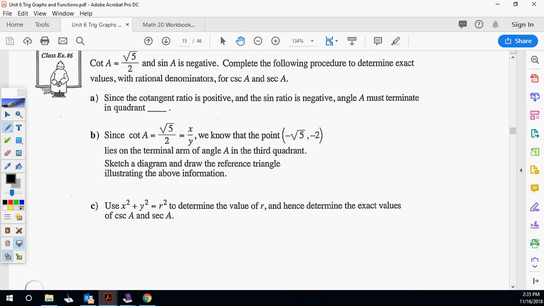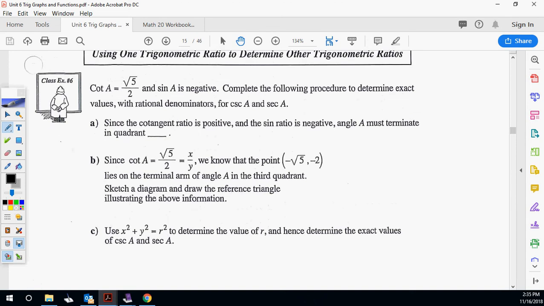So cotangent is positive. So where is tangent positive? In 3 and 1, right? But then it says that sine's negative, so it can't be 1. So it's in 3. Okay.